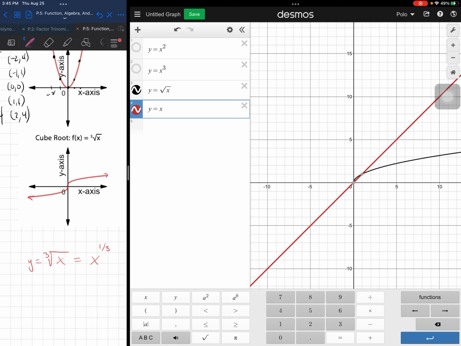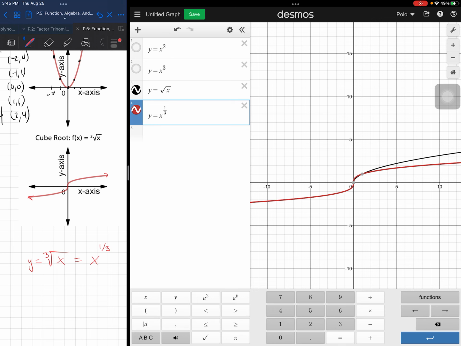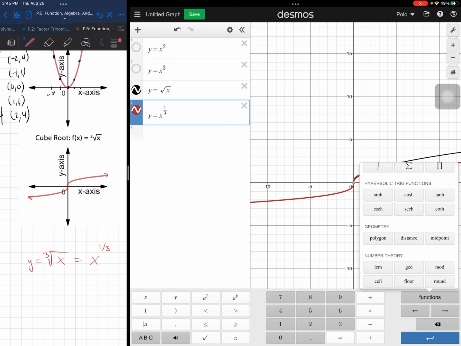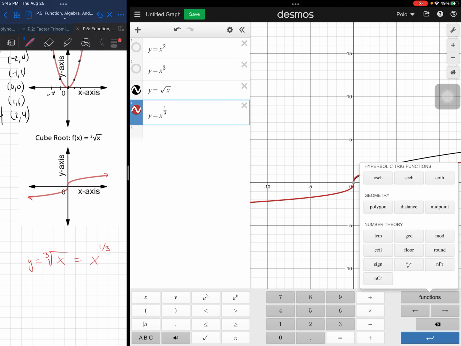So let's do that. And you type in 1/3 as an exponent, and there you go. It gives you the cube root. Let me see if those appear down here. Yeah, right here. So we can also use this one.